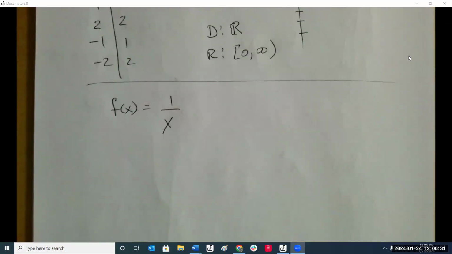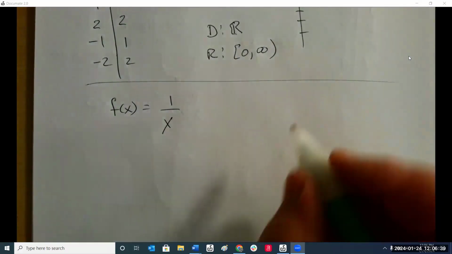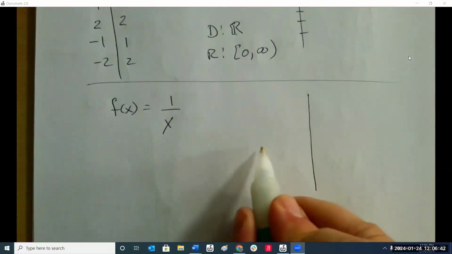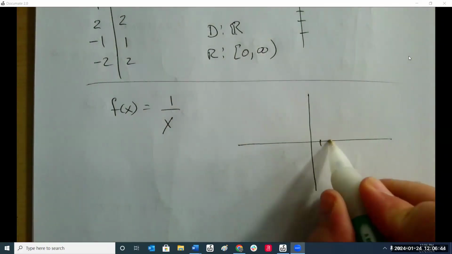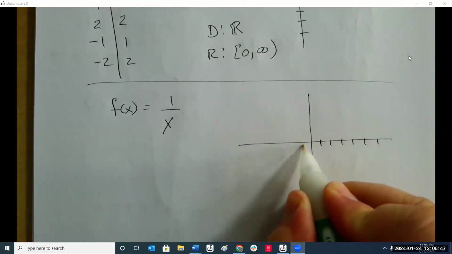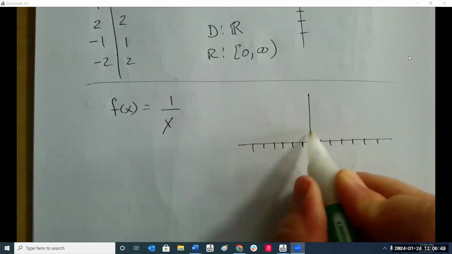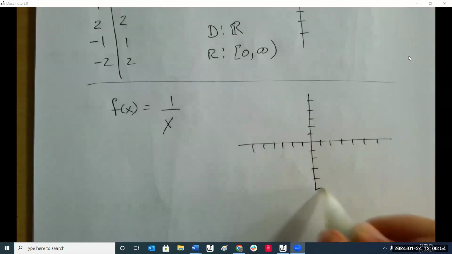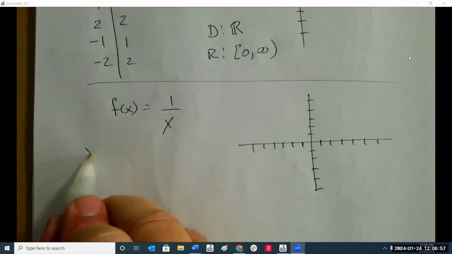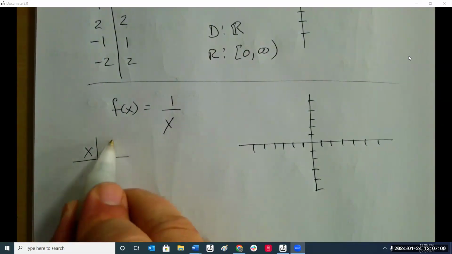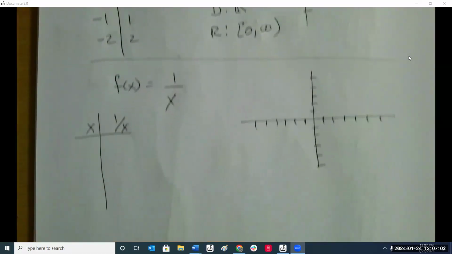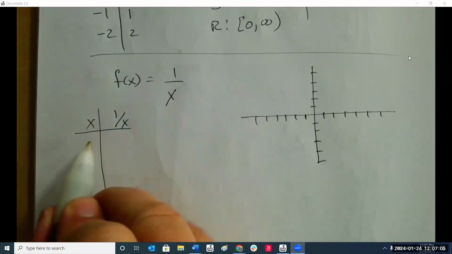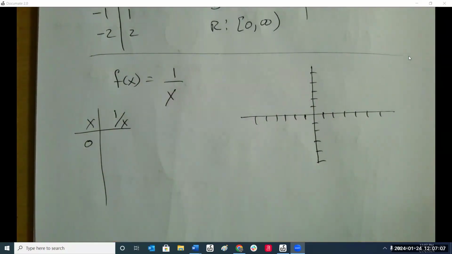One over x. Here we have a reciprocal function. X is 0. What do we get?